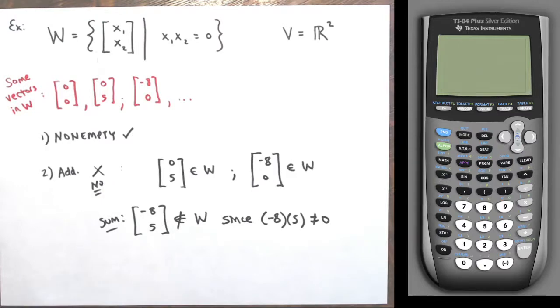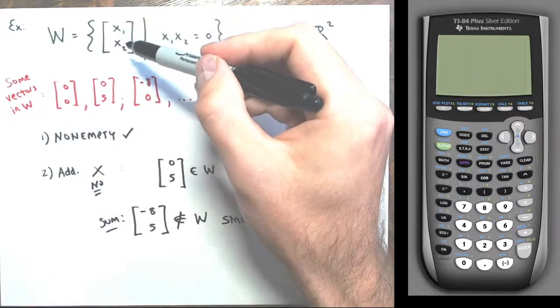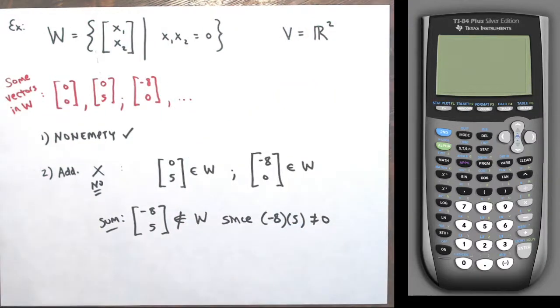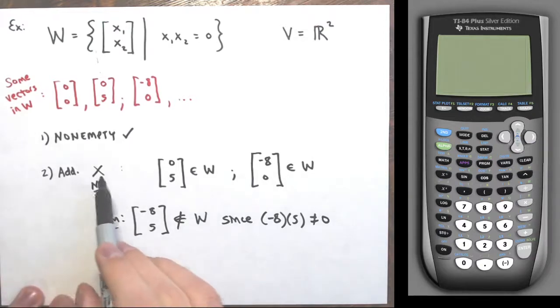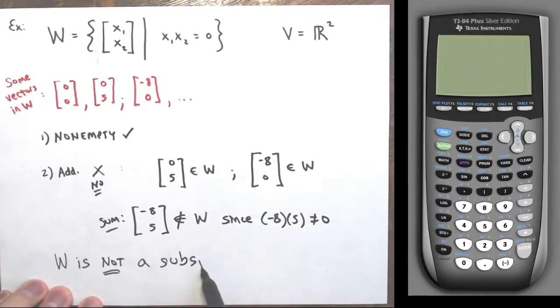Now it would be closed under scalar multiplication, but that doesn't matter. If one of these is 0, like it has to be, and I multiply it by a scalar, that component that was 0 before will still be 0. So it is closed under scalar multiplication, but it's not closed under vector addition. So W is not a subspace of R2.